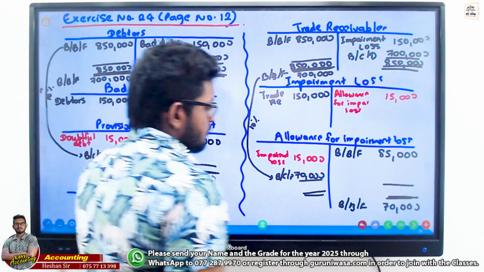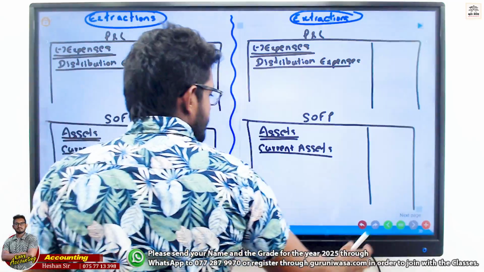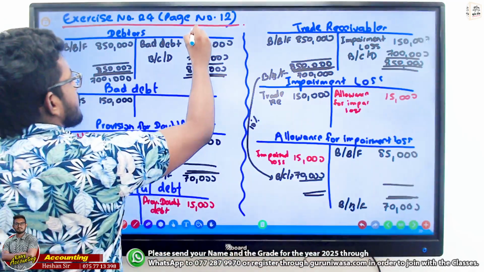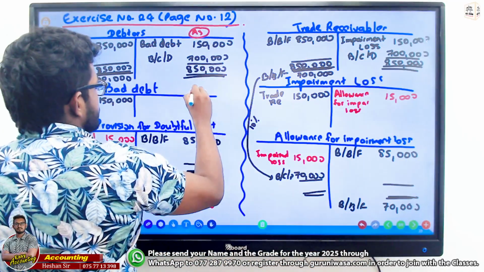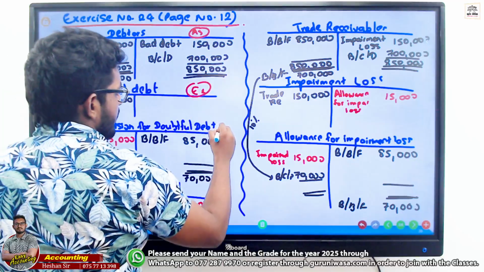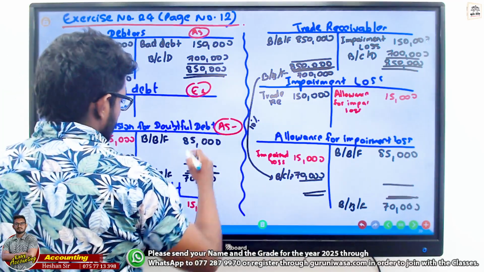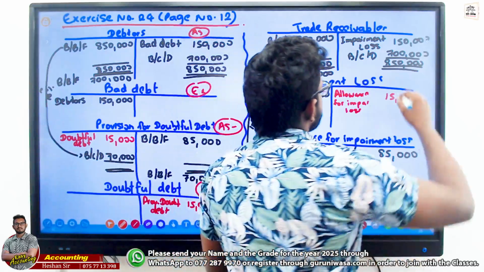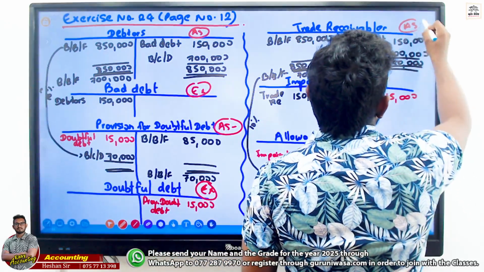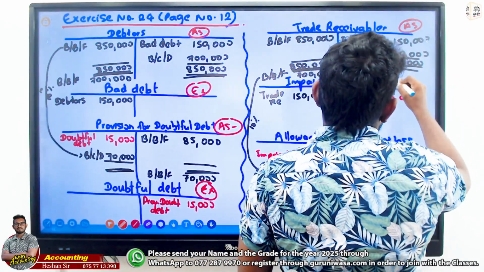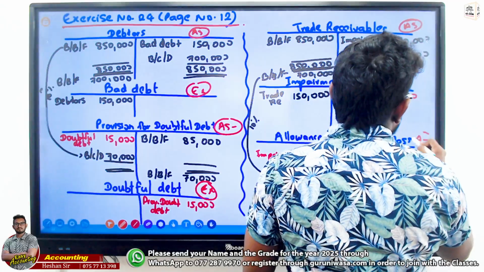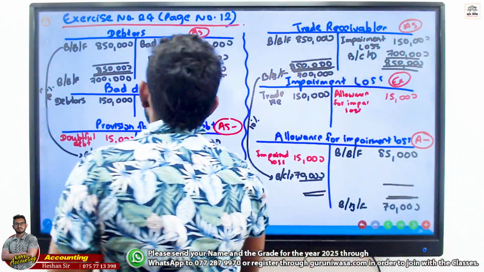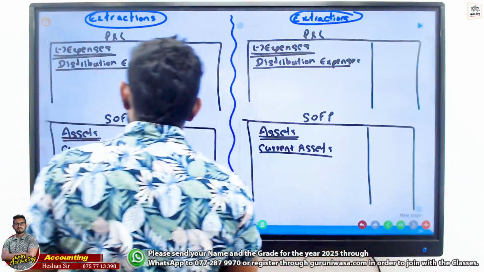Now when we identify in here, you can see this is an asset account, expense account, asset account, but the asset decreases. Trade receivables, assets account, impairment loss, asset decrease. Right? Debtors we identify as 700,000.